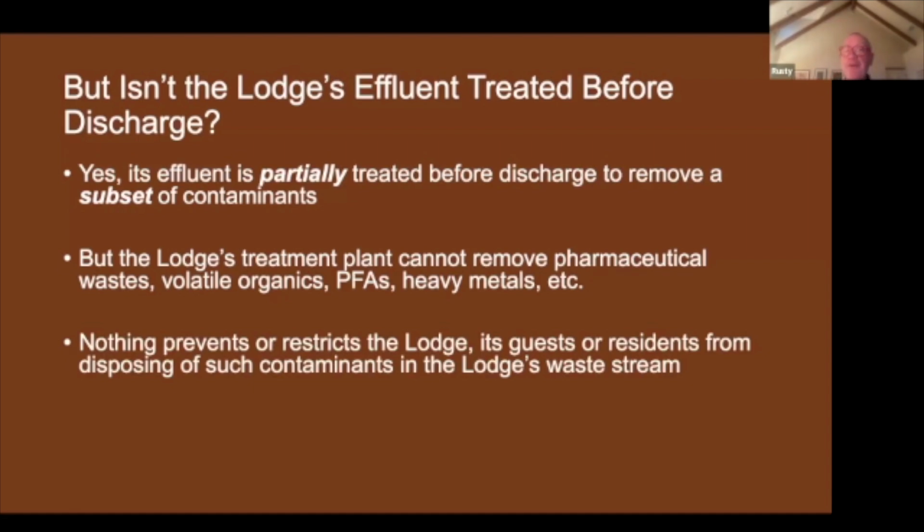Moreover, nothing prevents or restricts the lodge, its guests, or its residents from disposing of such contaminants in the lodge's waste stream. Who's going to stop Mildred or Bernie from throwing away their pharmaceuticals in the toilet? And who's going to stop Eddie in the garage from dumping the volatile organics down the drain?